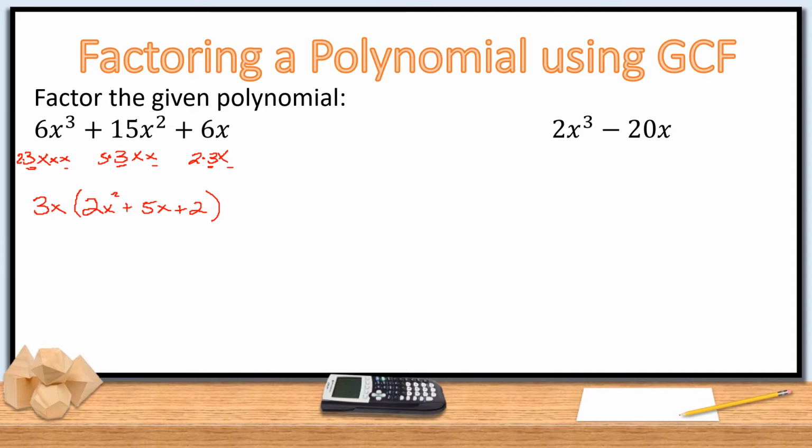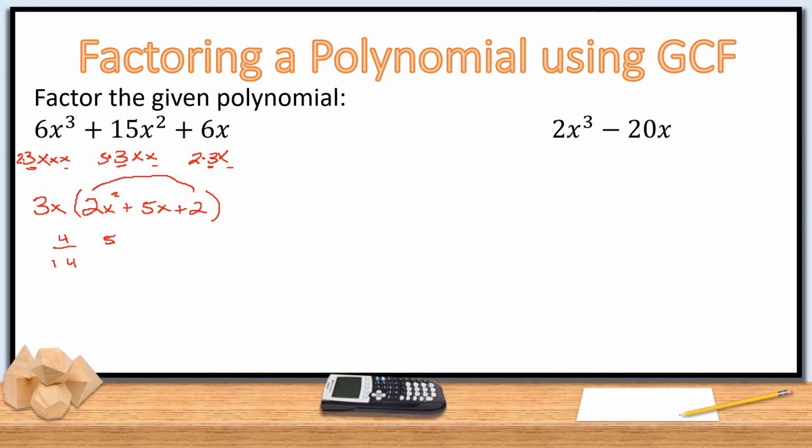Now you also would say, I'm down to a quadratic, go back to normal factoring ideas for quadratics. So 2x squared plus 5x plus 2, well, the a value is bigger than 1, so we'd multiply a and c, so we get 4. Factors of 4 that add up to 5. We've got 1 and 4.